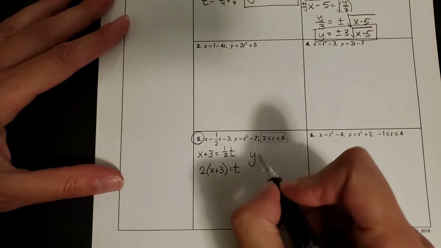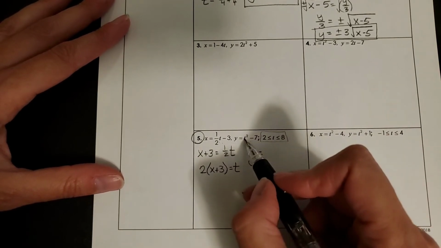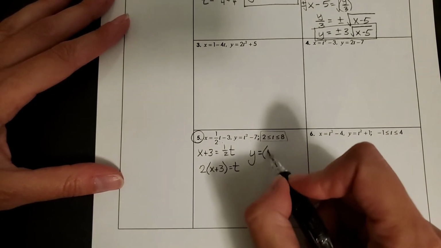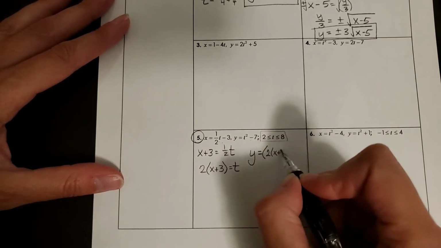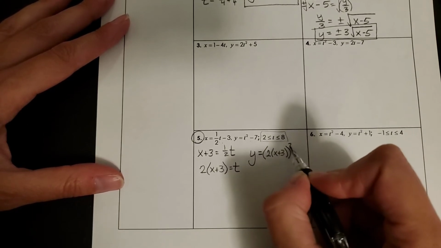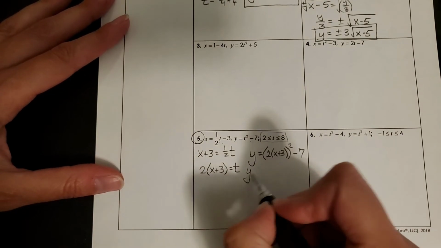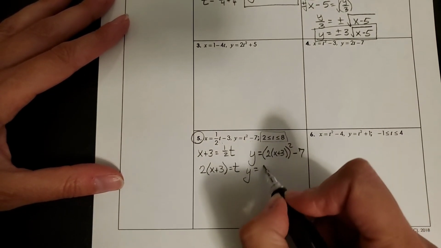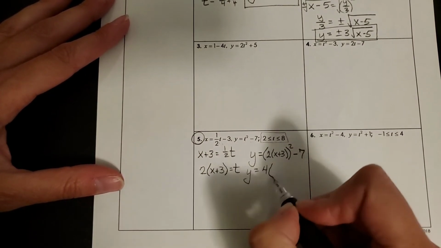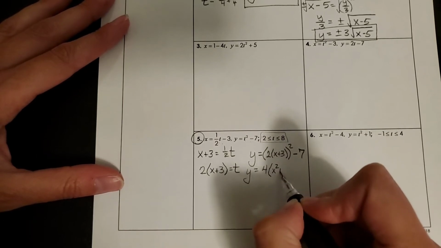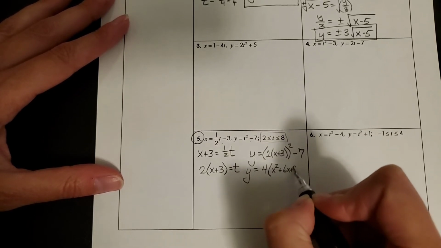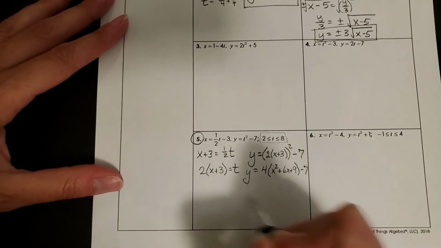If I go into y, t squared, t is 2 times the quantity x plus 3, squared, minus 7. So if I were to square that, I'm going to square the 2, which is 4. And then I'm going to square x plus 3. That'd be x squared plus 6x plus 9, minus 7.